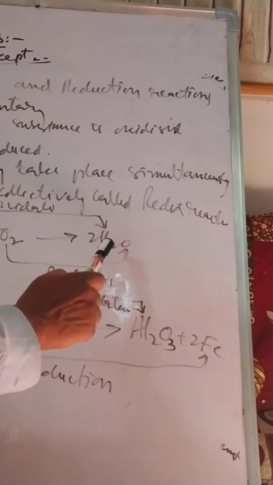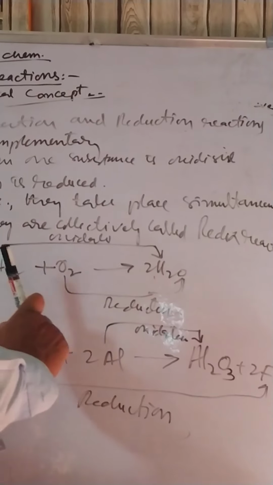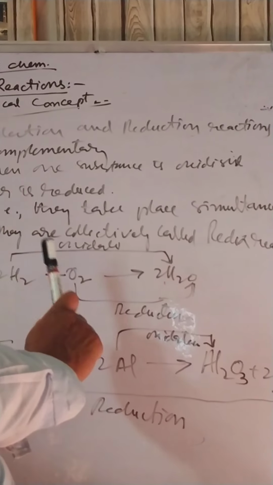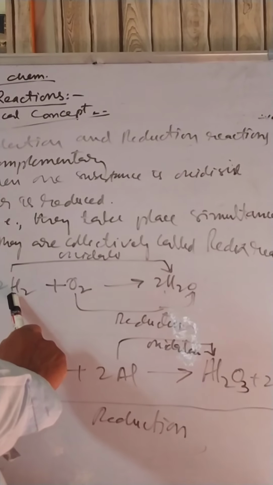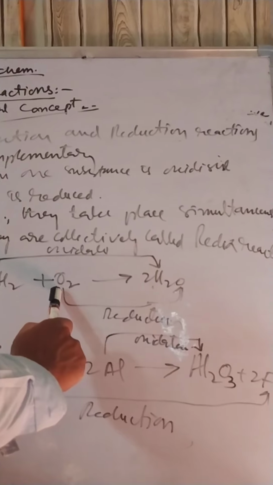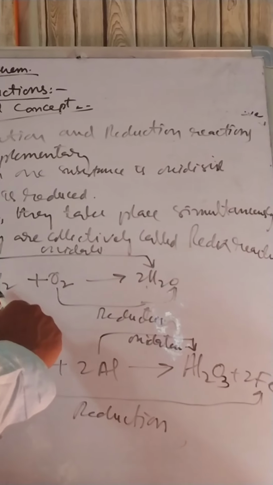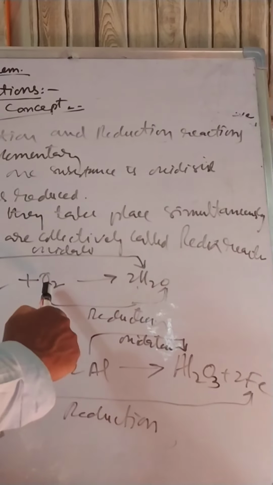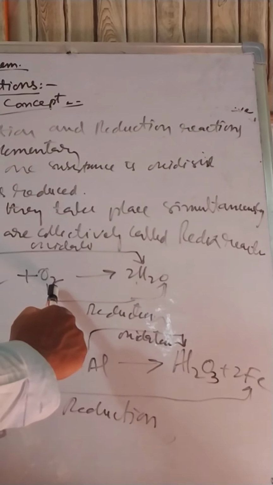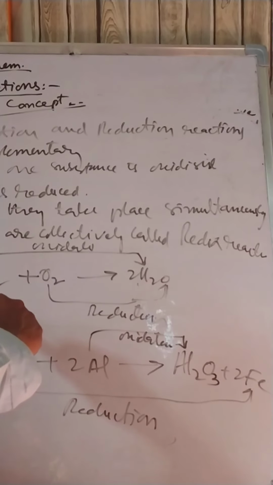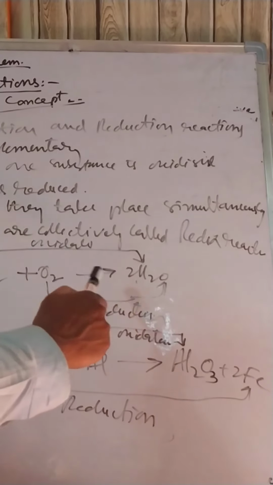So this is a reduction reaction. Simultaneously, hydrogen is oxidized and oxygen is reduced. When hydrogen is oxidized, oxygen is the oxidizing agent because it helps hydrogen to get oxidized. Similarly, oxygen is reduced. Here hydrogen is therefore the reducing agent because it helps oxygen to get reduced.